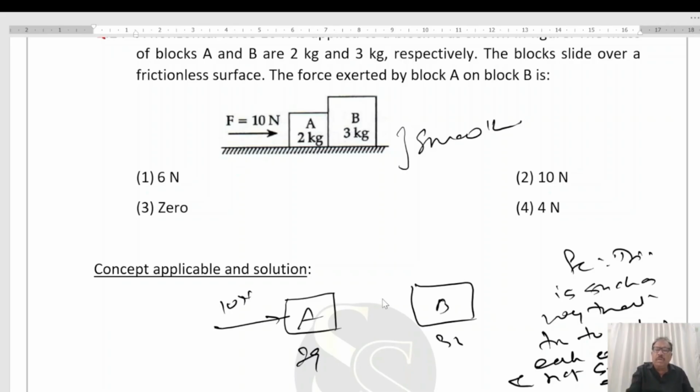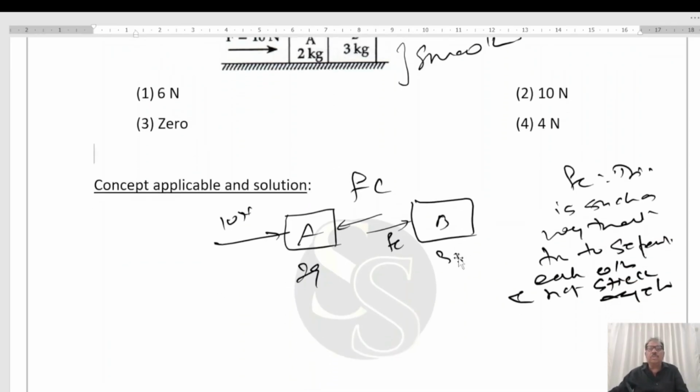Means it will exert force like this, this will exert force like this. This is Fc, this is Fc. Now, as there is no vertical motion, the weight will be balanced by the reactions, right? Now in this case, they move with the acceleration A.